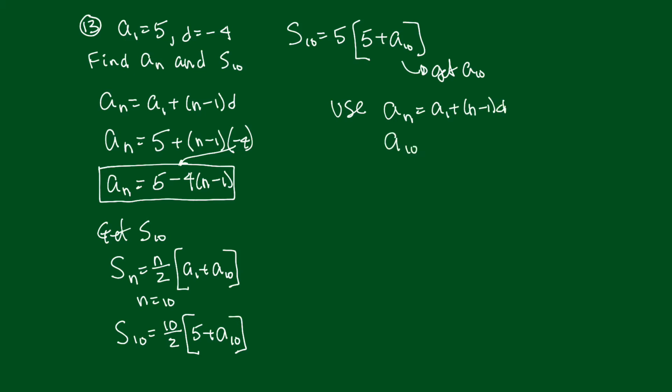So a10 is equal to a1, which is 5, plus 10 minus 1 times d, which is negative 4. So a sub 10 is 5 plus 9 times negative 4. A sub 10 is 5 minus 36. So a sub 10 is, what do we get here? Negative 31?